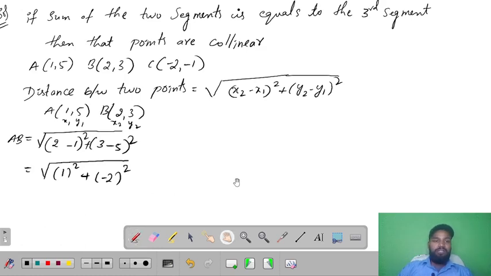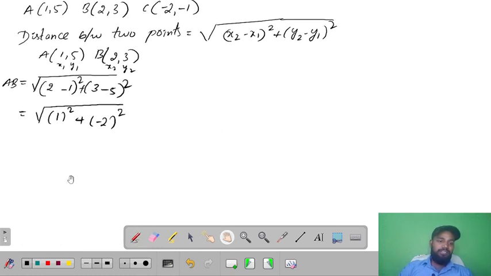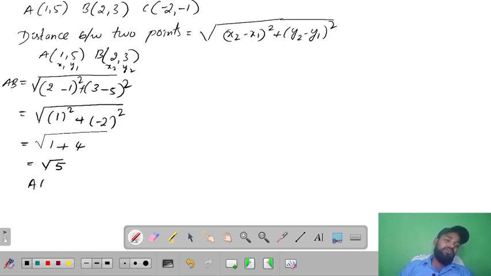Okay, let us do them. So it is equal to under root, 1 square is 1 plus 2 square is 4, that is nothing but root 5. What is the AB value? Root 5. AB equals root 5.